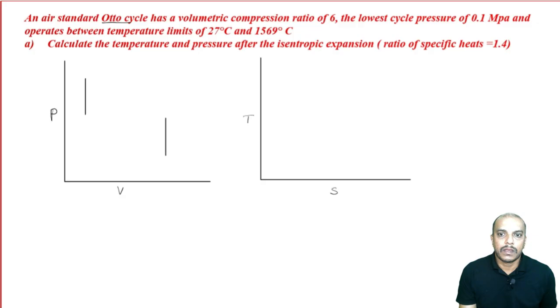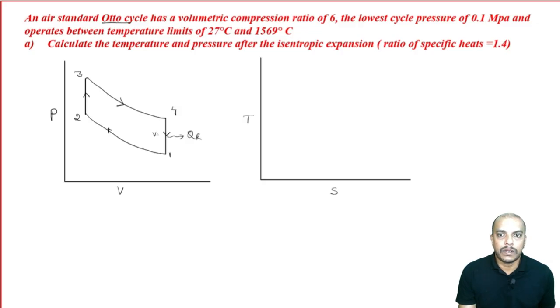process. So, process 1 to 2 is compression, that is reversible adiabatic compression. Then 2 to 3 is constant volume heat addition. Then 3 to 4 is reversible adiabatic expansion, and 4 to 1 is heat rejection at constant volume.